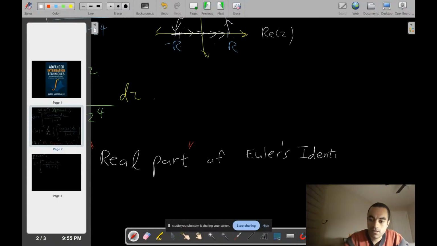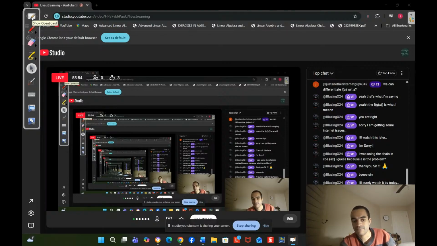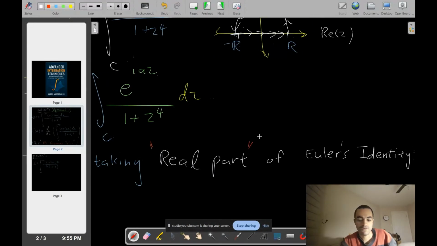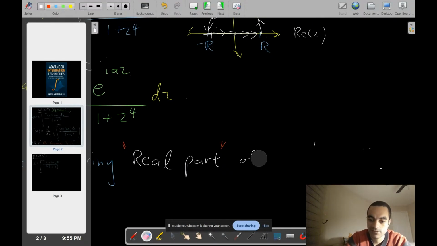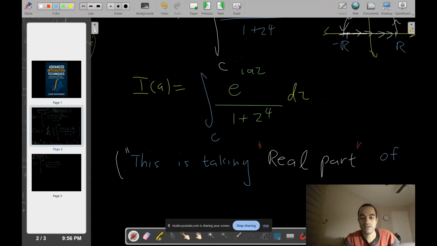And you should know what Euler's identity is. Anyone know what Euler's identity is? I was just emphasizing with a different color the real part of Euler's identity.